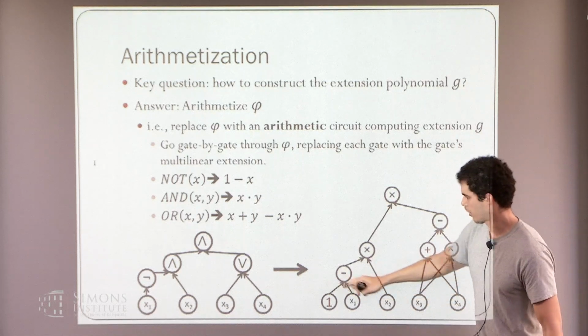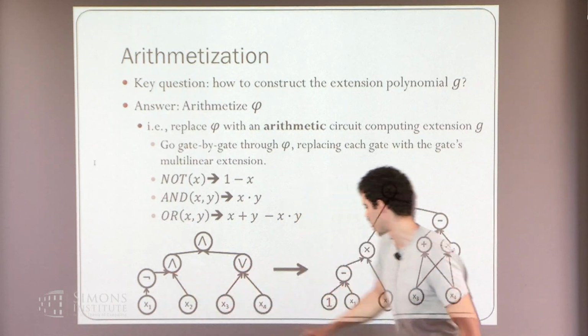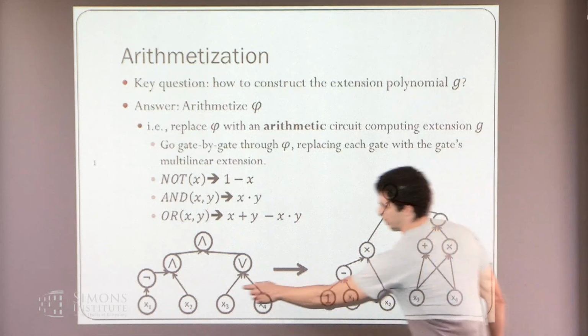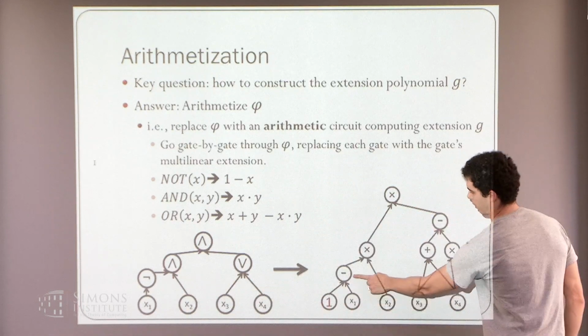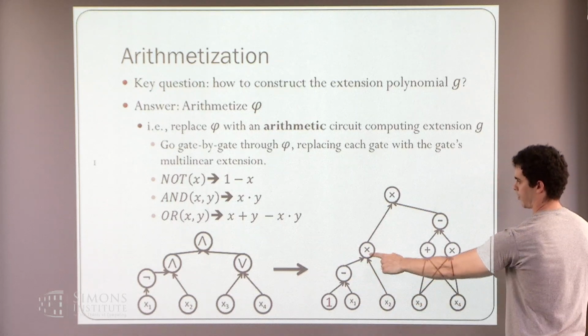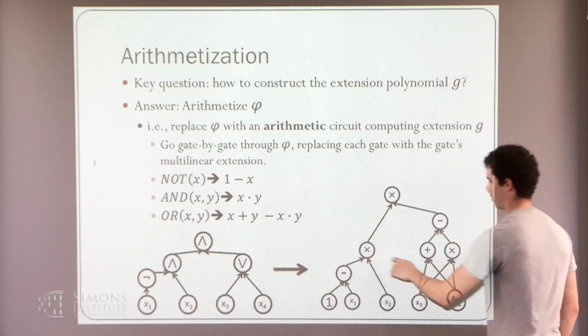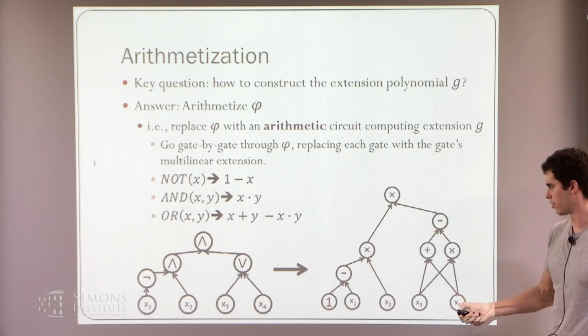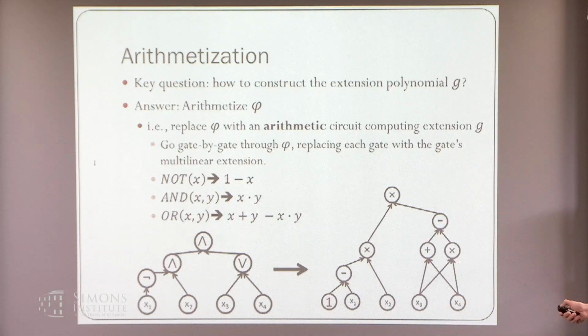So this transformation is going gate by gate through the formula and replacing each gate with its multilinear extension. The NOT gate turned into 1 minus the input to the NOT gate. AND turned into times. This OR gate turned into this thing that sums its 2 inputs and then subtracts the product.